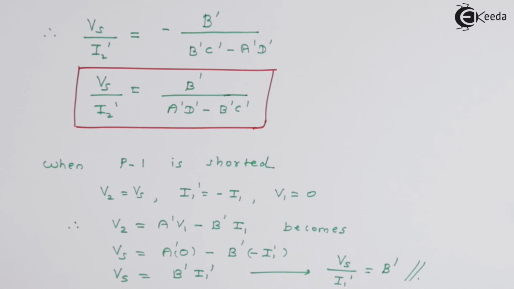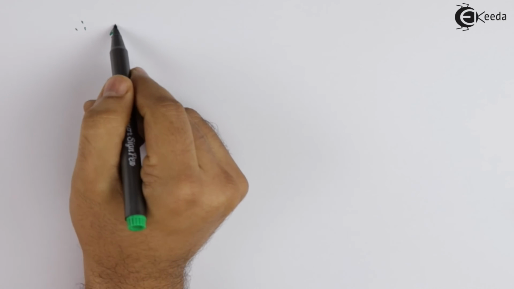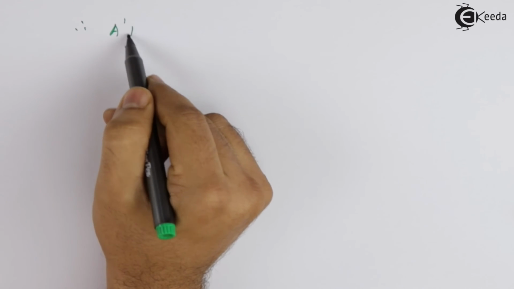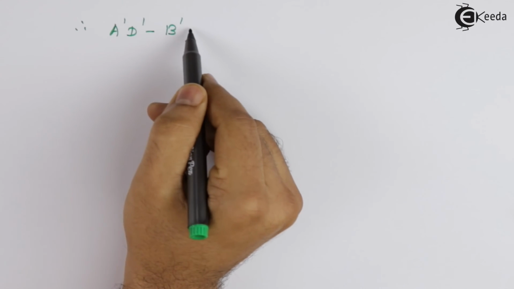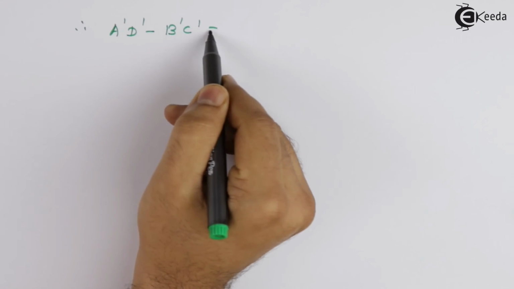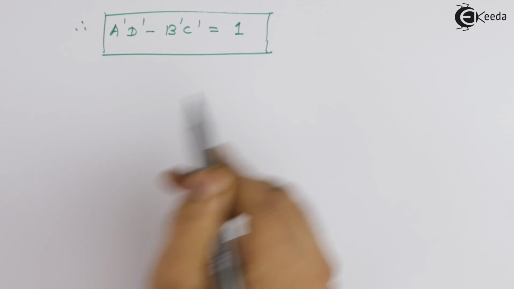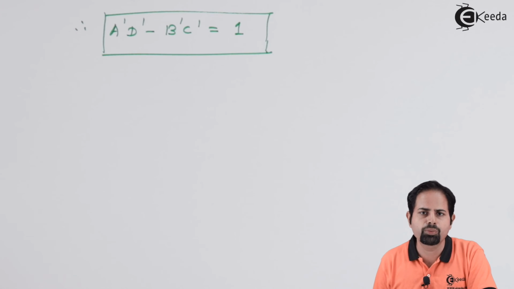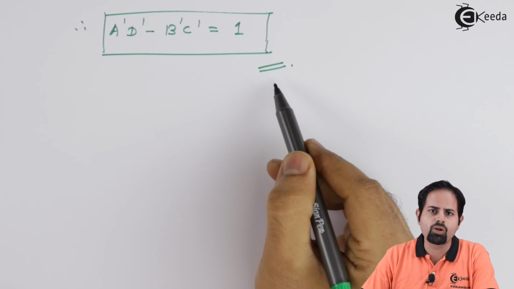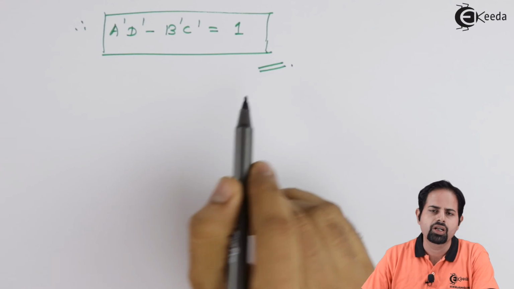Remember, these are A dash, B dash, C dash and D dash parameters, means they are inverse transmission parameters. So when we equate both, the equation that we will get is what I am going to write now. So this is the reciprocity condition. So this is about the reciprocity condition.